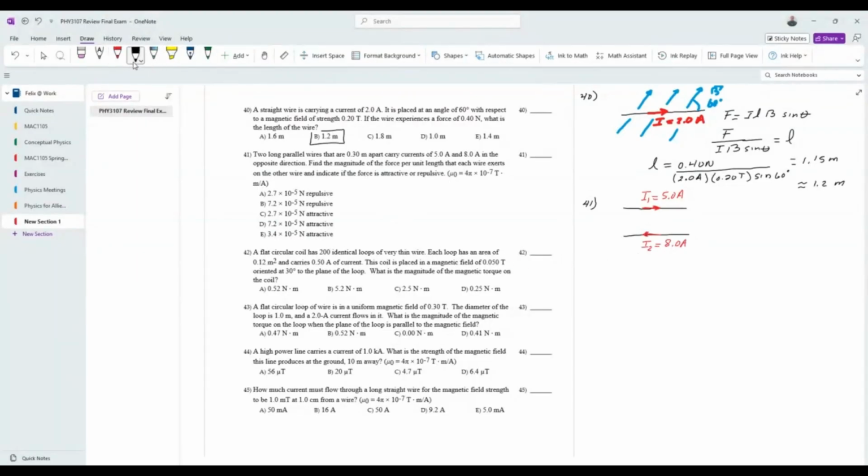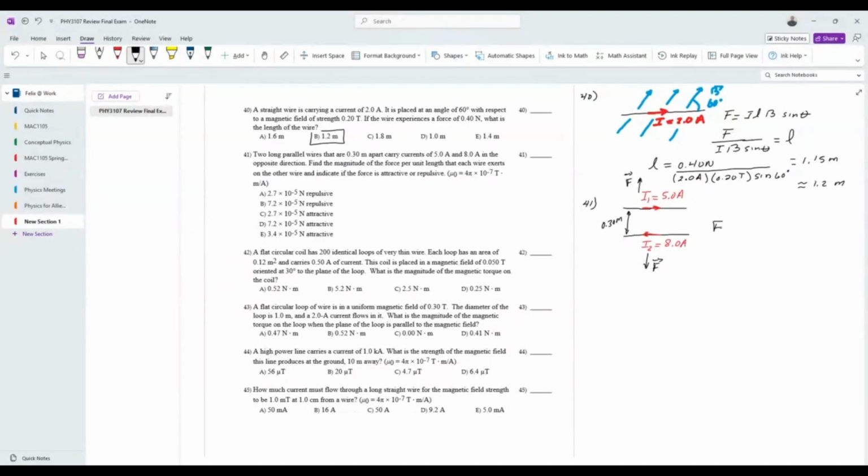Now, we know that the force, because we already did the analysis of this previously, will be repulsive. And the distance between the wires is 0.30 meters.